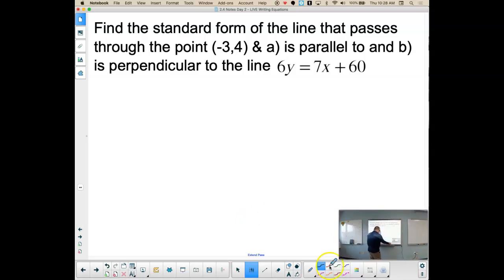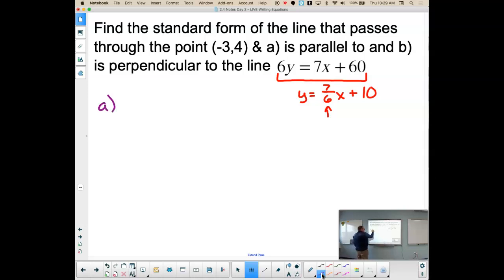So first off, we need to find the slope of the line that is given. So the slope is 7/6. So in A, we want to be parallel.